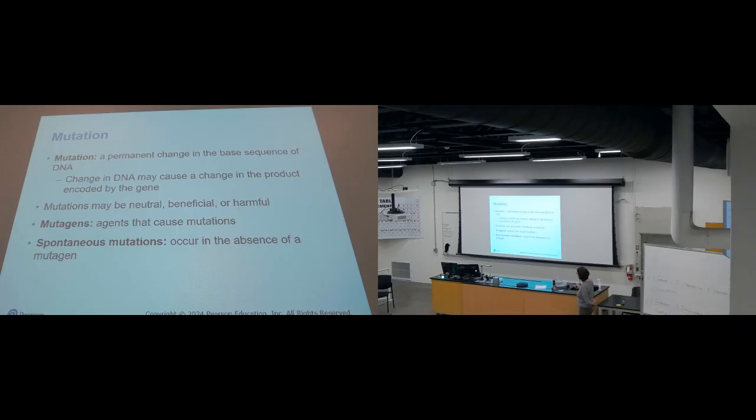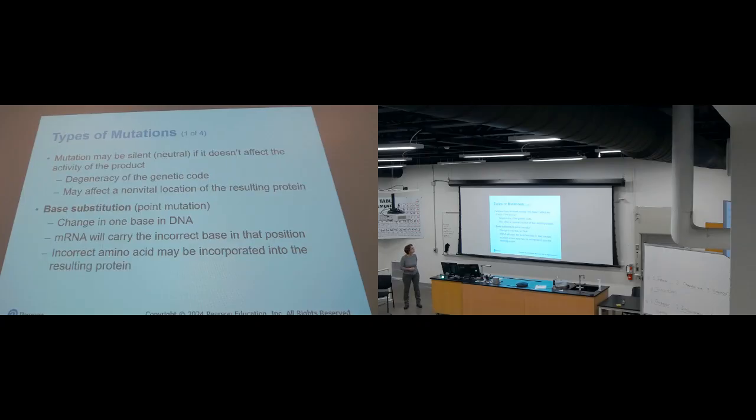Any agent that causes a mutation is called a mutagen. Sometimes mutations happen spontaneously without a mutagen, because these enzymes are sloppy. They're supposed to have proofreading ability, but they just plainly don't do their work.